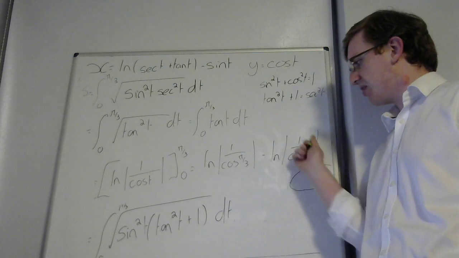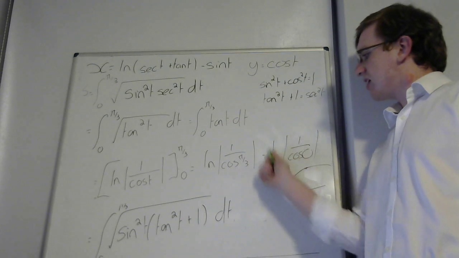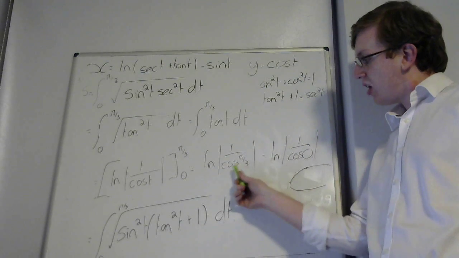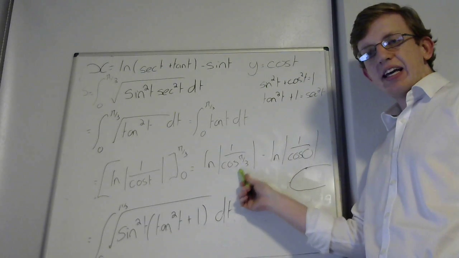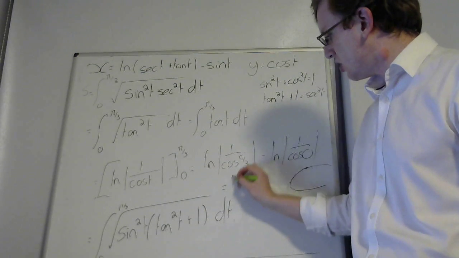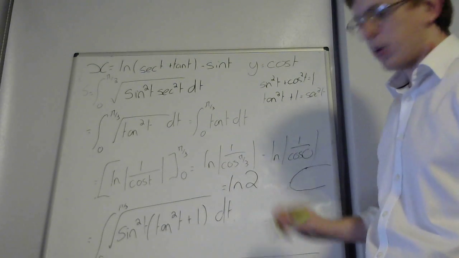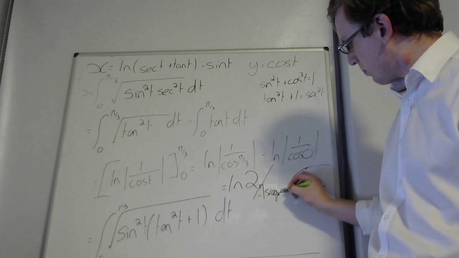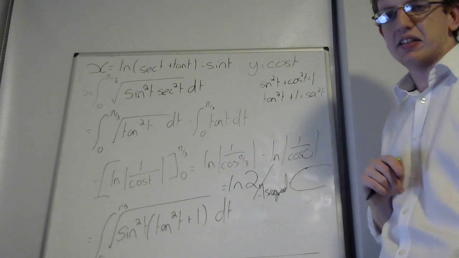And that's 0, because e to the 0 is equal to 1. So this whole thing is 0, so we don't worry about that. Cos of pi on 3 is a half, and 1 divided by a half gives us ln of 2, which is as required, because that's ln of an integer.